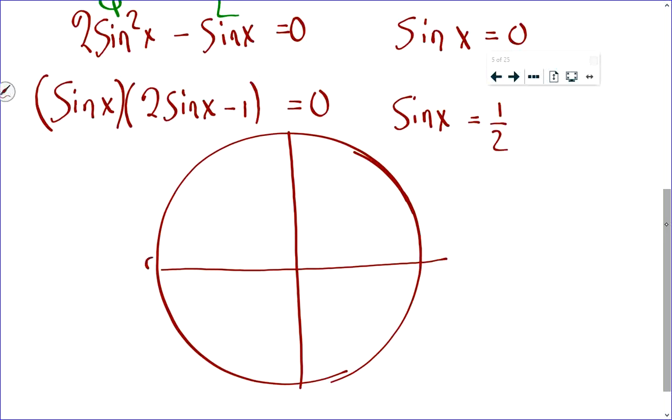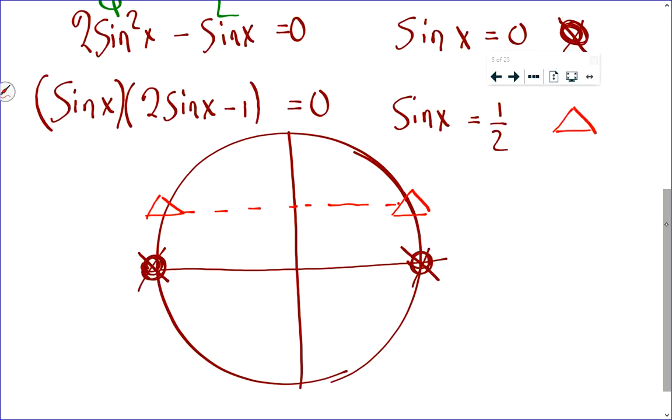Sine of x is equal to 0 here and here. Where is sine of x equal to 1/2? Here and here. So those are the locations.